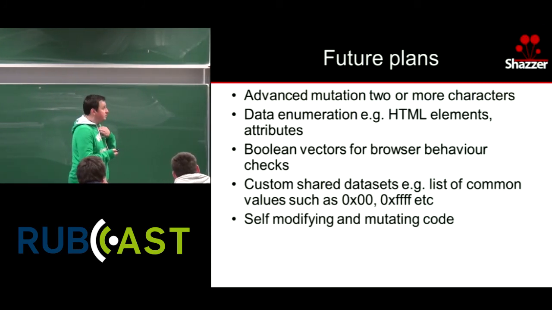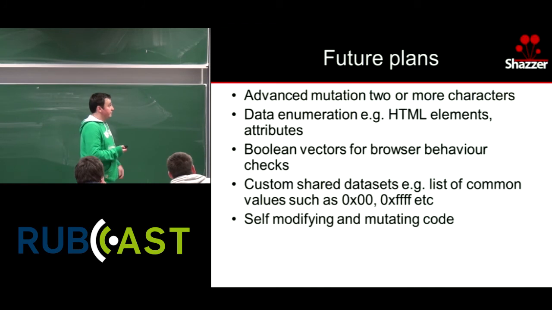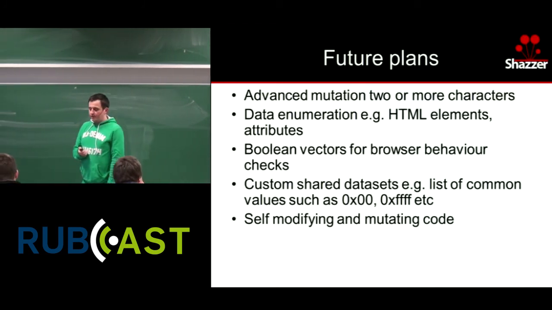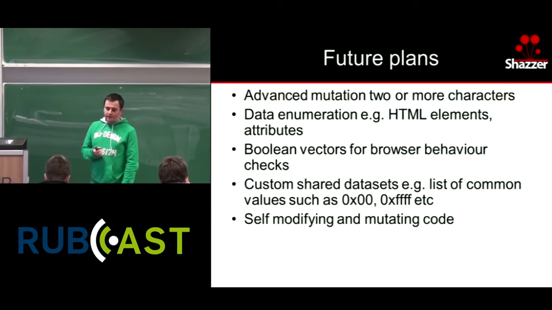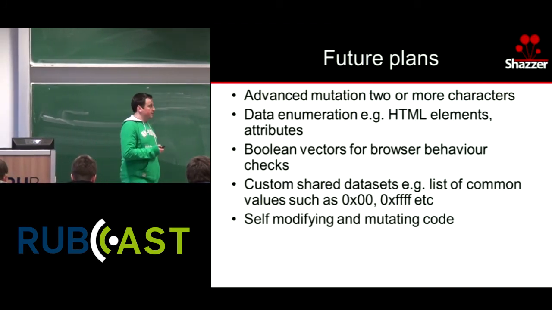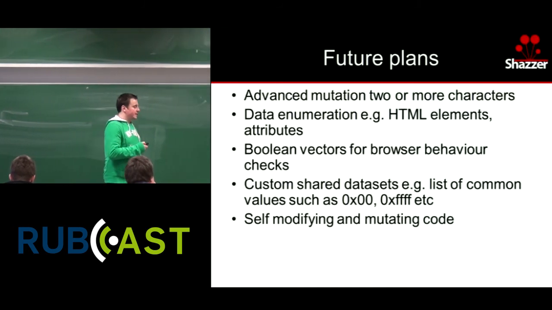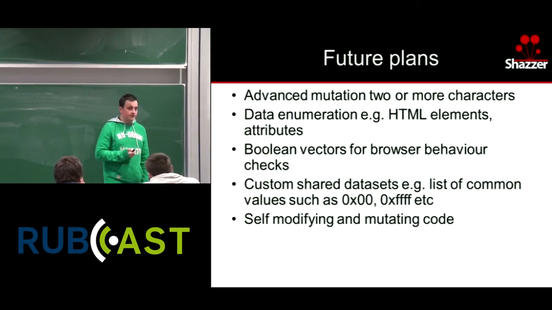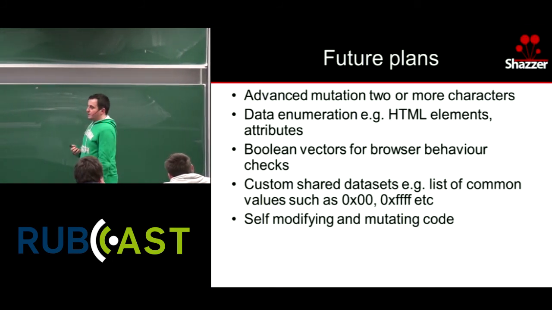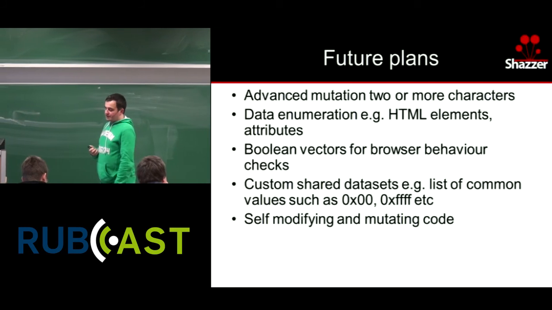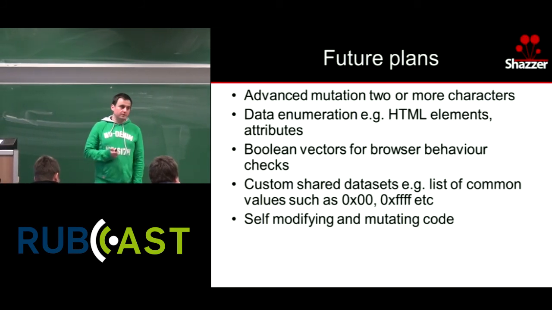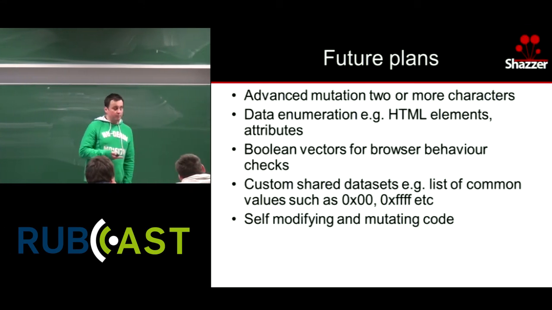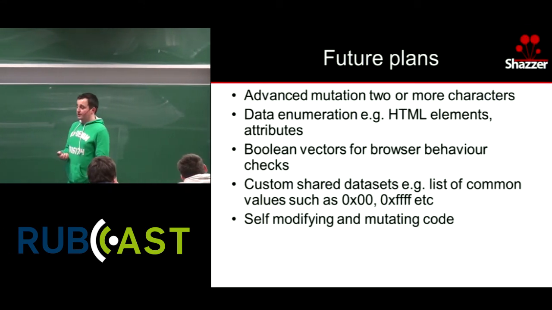Another interesting area that I was looking at is self-modifying and mutating code. What you want to be able to do is basically make the code come alive itself, and try to get the code to generate its own vectors, which is a lot harder than it sounds, because a simple for loop, for instance, would probably cause a denial of service, because it wouldn't know whether the operator should be used in the correct instance.